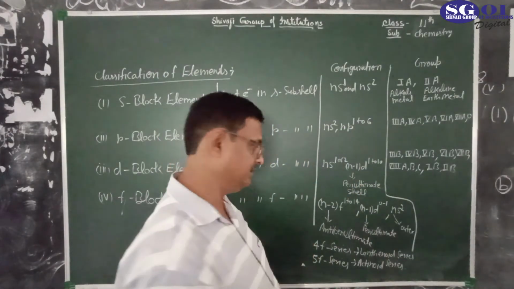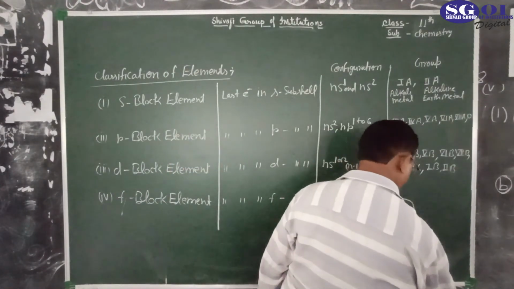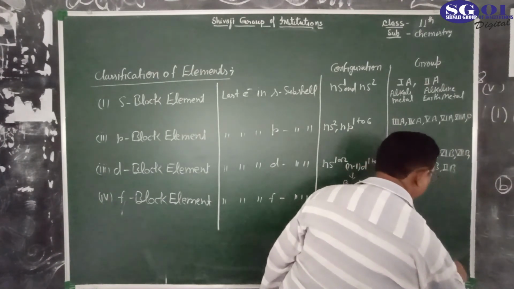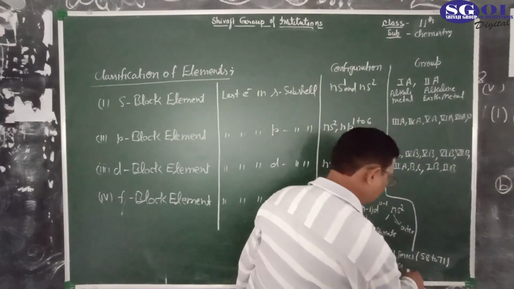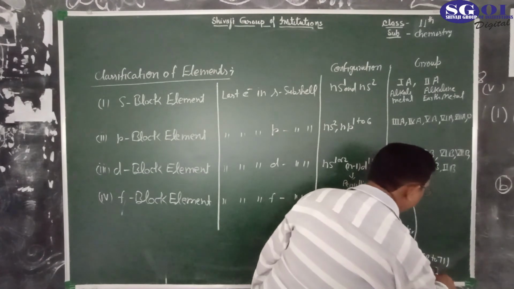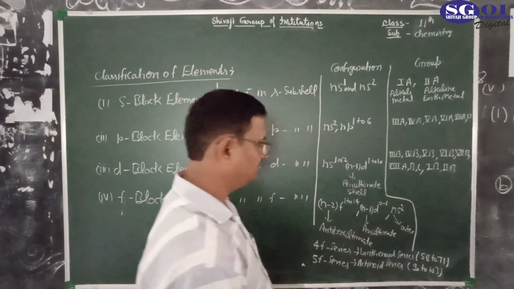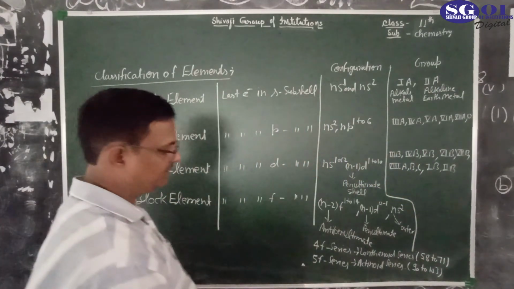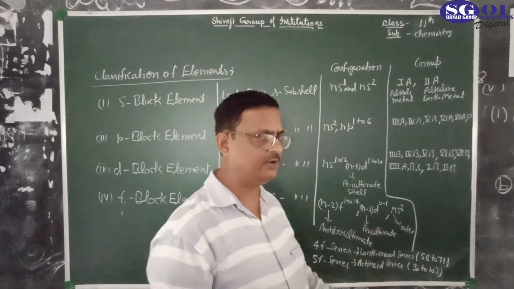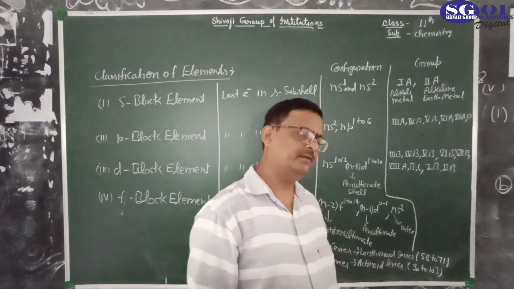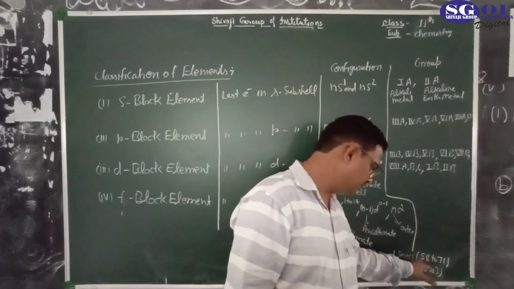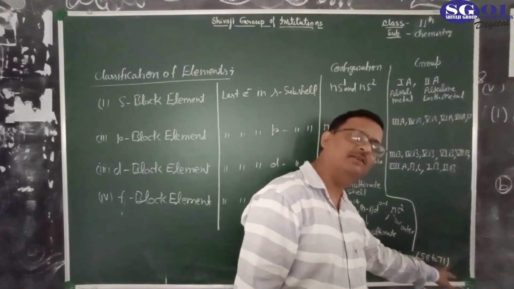The 4f series contains 14 elements, from atomic number 58 cerium to 71 lutetium.